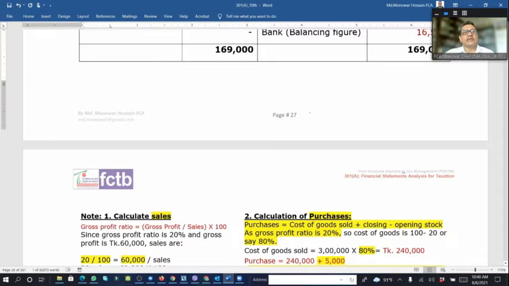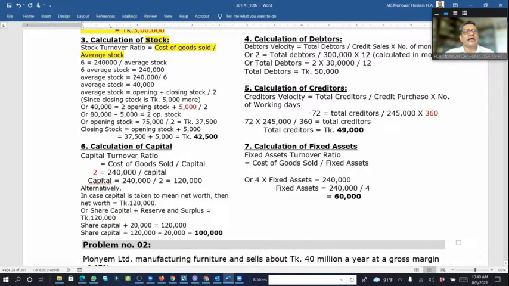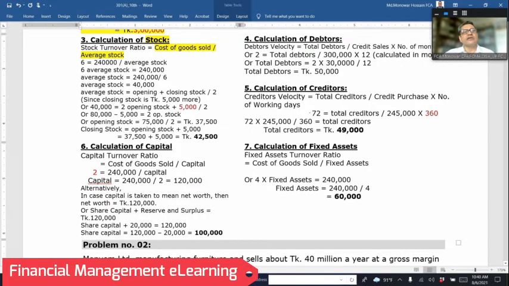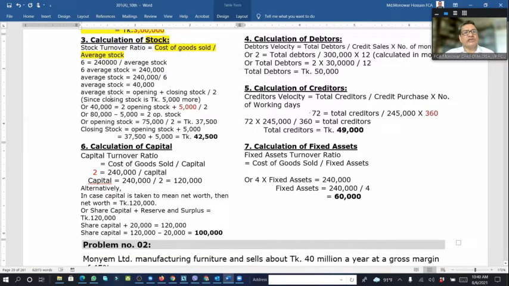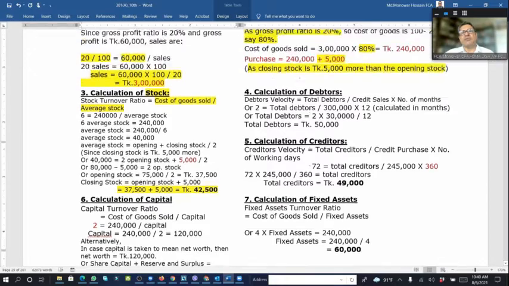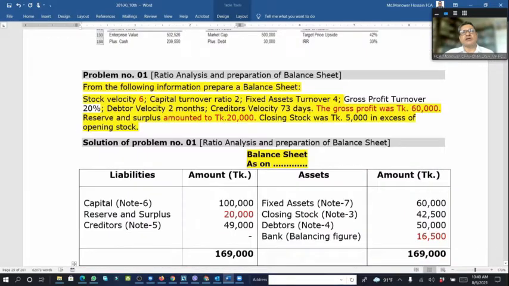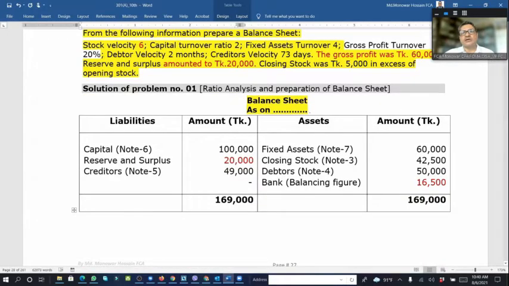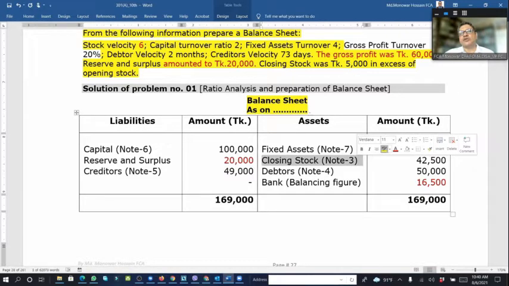If we put 6 and cost of goods sold divided by average stock, then after calculating everything, we will get the closing stock of 42,500. That closing stock amount goes into our balance sheet as well, as calculated in note 3: 42,500.